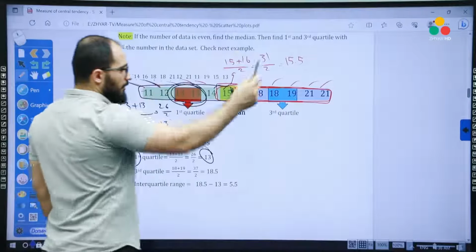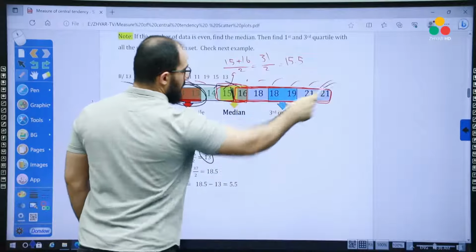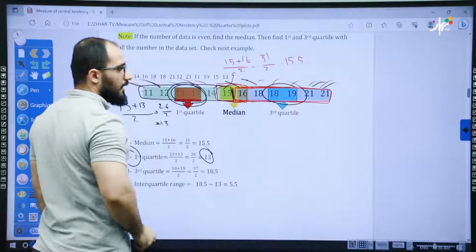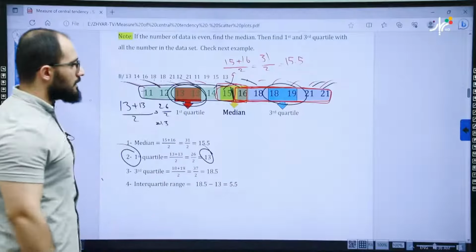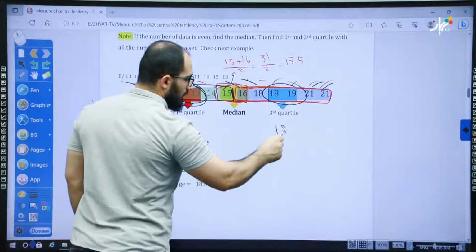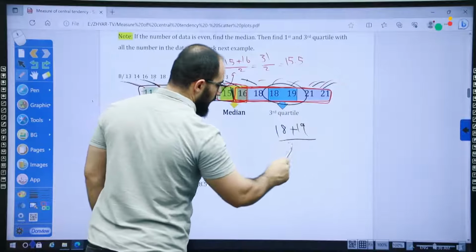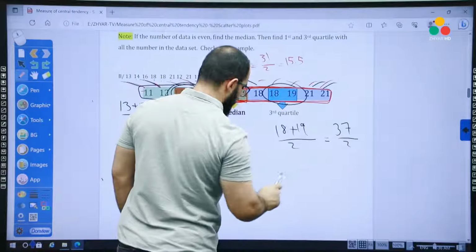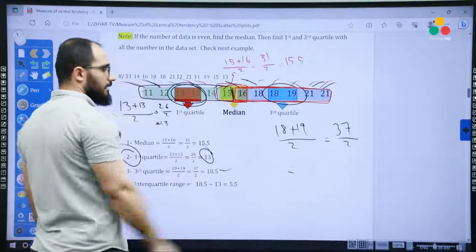For the upper half, we have 16, then 18, 21. We have 18 and 19 in the center. So we have 18 plus 19 divided by 2. It's going to be 37 divided by 2, and it's going to be 18.5.